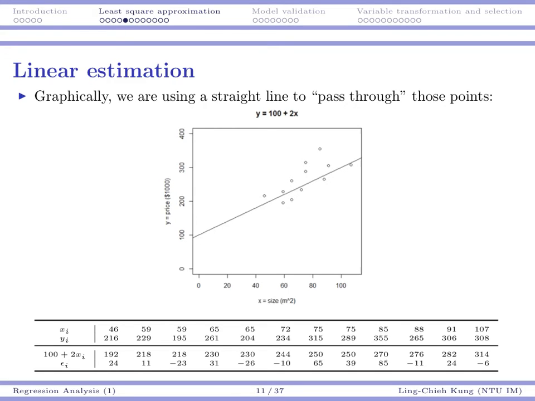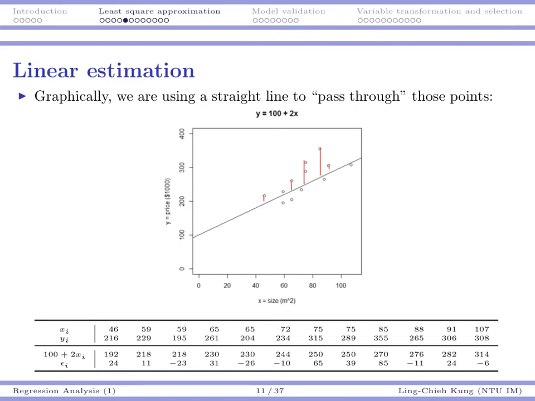But for those points that the line overestimates, the difference is small. For those points that the line underestimates, we can see there are quite a few large deviations. So that means this line is not perfect, right?